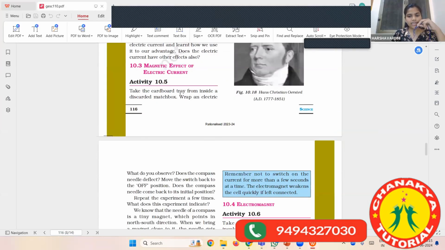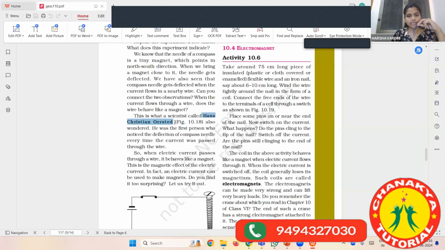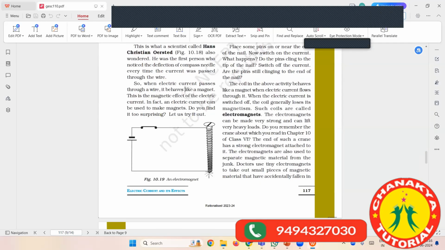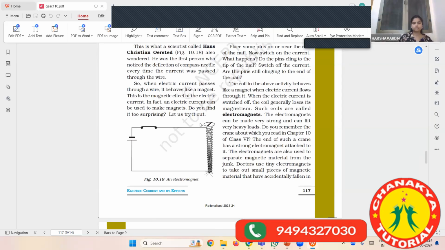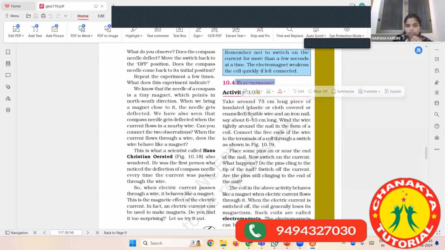So now we are at the magnetic effect. So they have spoken about Hans Christian Ørsted. We also spoke, right? Yes, ma'am. So this thing I was explaining to you, they have taken an iron nail. We have taken a matchbox, right? Matchbox, we are wrapping it with a copper coil. And see, this is now coming to electromagnet.